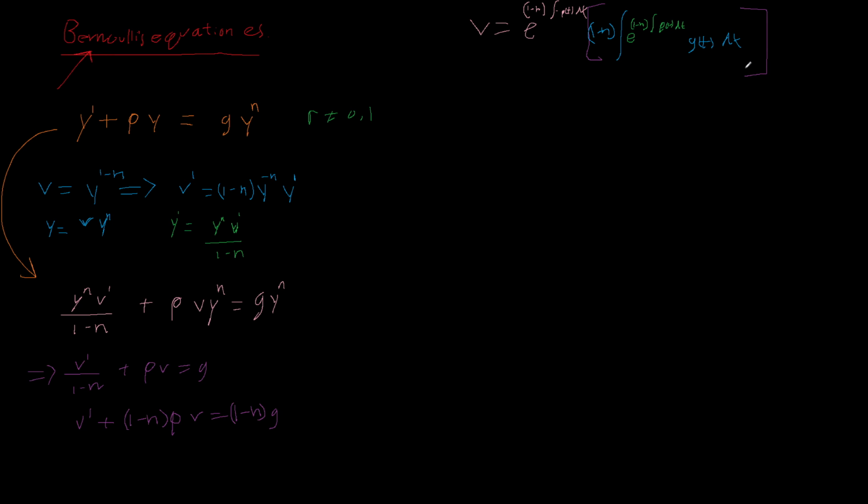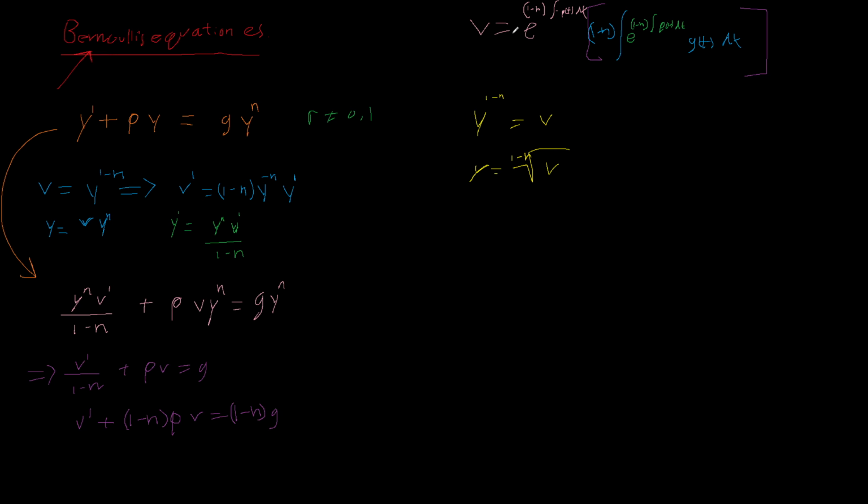Then we can reverse this and solve for y. We also remember we have this relationship y to the 1 minus n equals v, so y is equal to the 1 minus nth root of v.